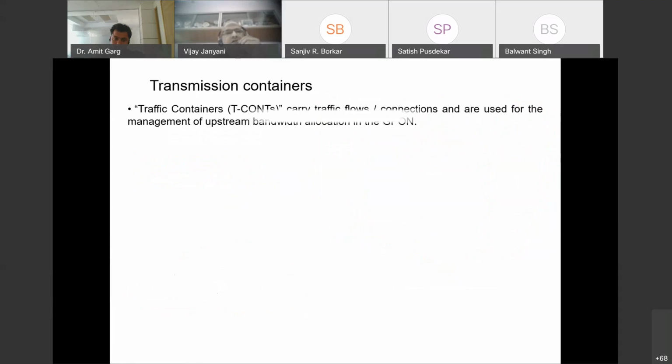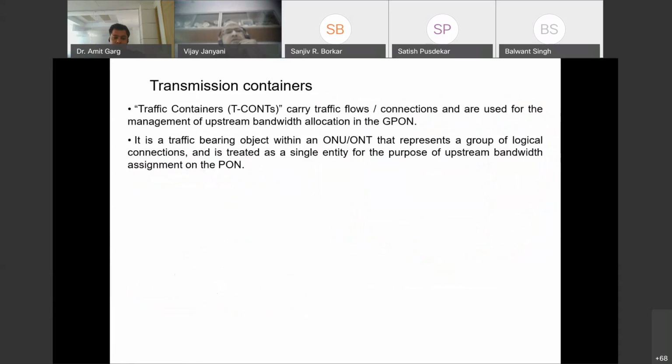Now there is something called transmission containers, or traffic containers, which is commonly called TCONT. They carry traffic flow and connections and are used for management of upstream bandwidth allocation in the GPON.